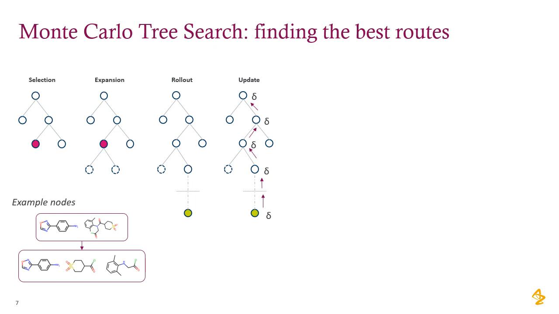Then we do a rollout, which is a way to estimate how good it is to continue along the current direction of the search. And this is done by sequentially adding more and more nodes to the tree until we reach a terminal node.